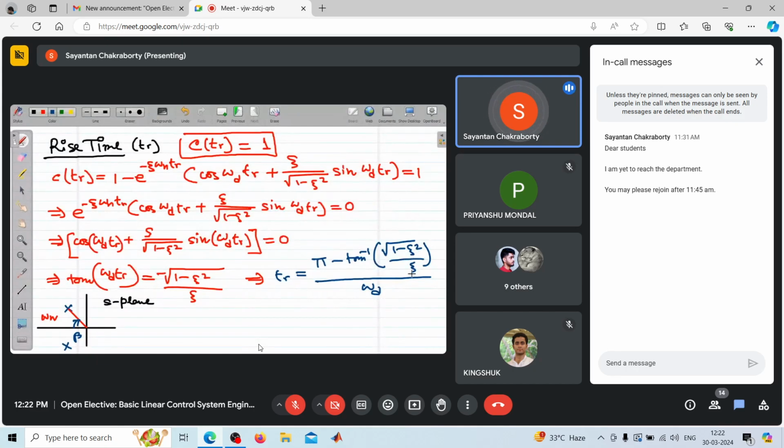That is tan inverse root over 1 minus zeta square by zeta, right? Because this part is omega d and this part is zeta omega n. So if you take tan of beta, you'll get this. So this you can finally write down as tr is equal to pi minus beta by omega d. So this is how we can calculate the rise time for any given zeta value. And omega d is calculated as omega n into root over 1 minus zeta square.